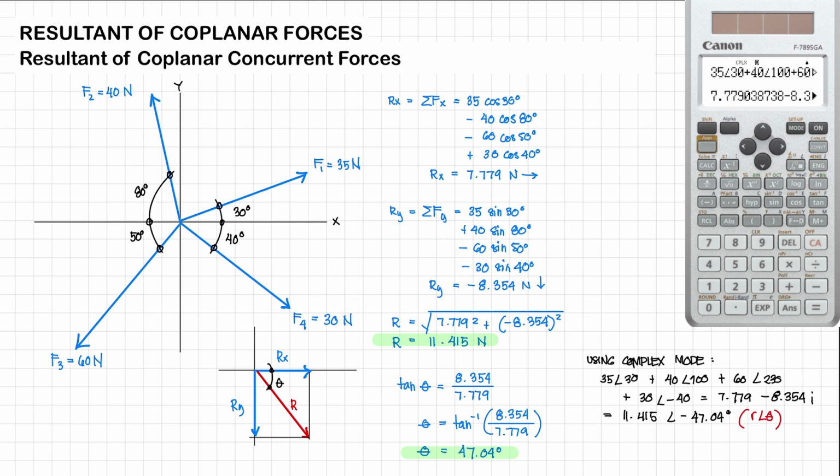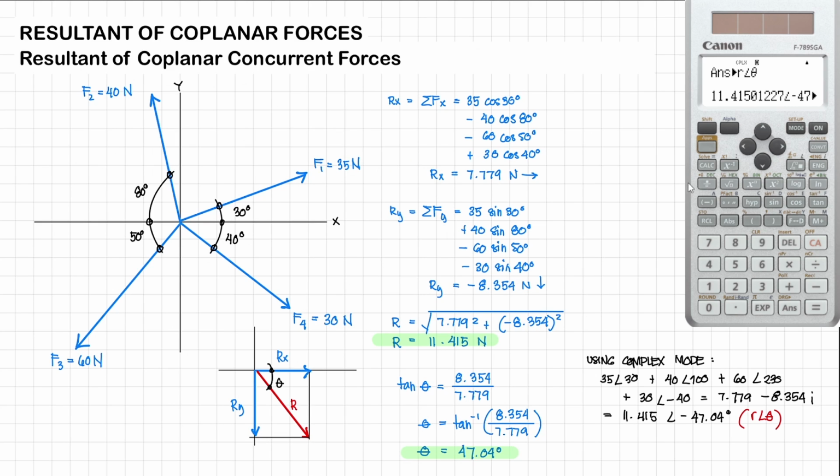So what you get from this are the components. For Rx, we have 7.779, and for Ry, we have negative 8.354. All right? And if we want to get the resultant, we're just going to convert this into its polar form. So we're just going to click apps, then click one and then the equal sign.